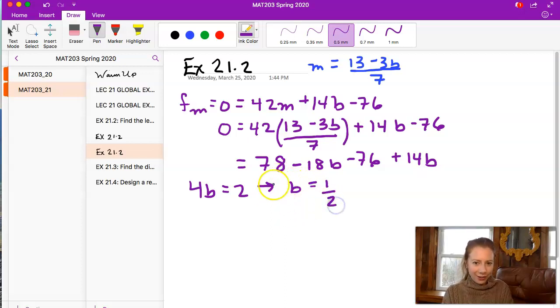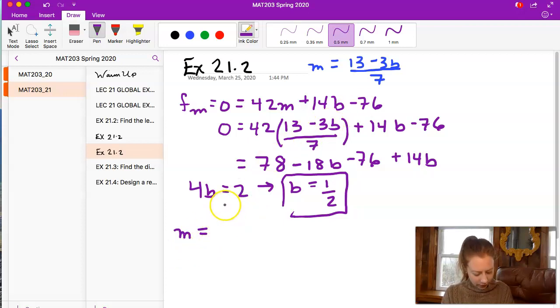Okay, so we have our y-intercept after all of that. So now we just got to figure out what our slope is, m. So to get m, plug back in. So we have 13 minus 3 times 1/2 over 7.